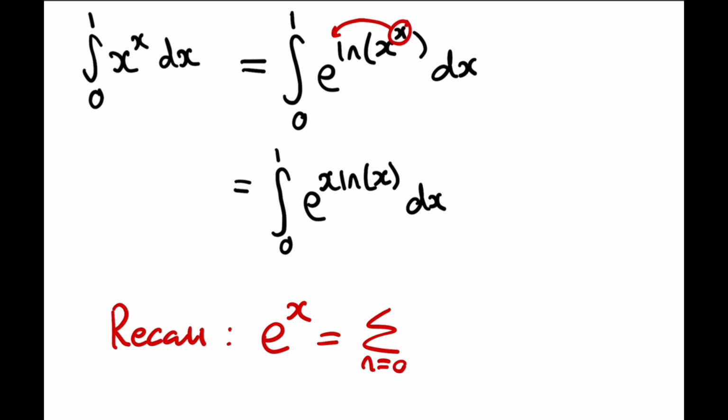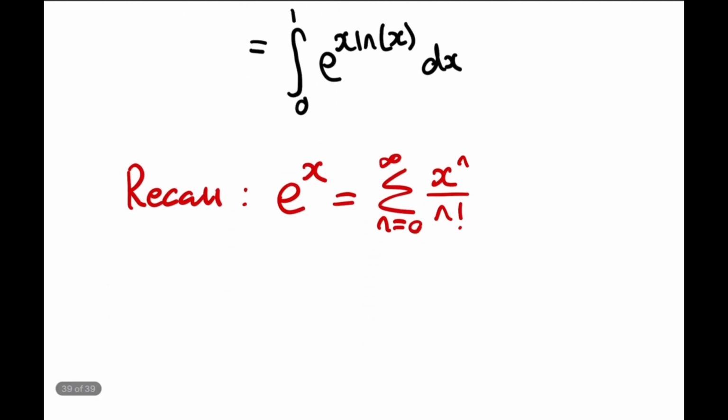Anyway, so we've got the sum from n is 0 to infinity of x to the power of n over n factorial. That's what e to the x can be written as. I believe this is the Maclaurin expansion, if that's how you pronounce his name. I've never really been able to pronounce that name correctly, I don't think.